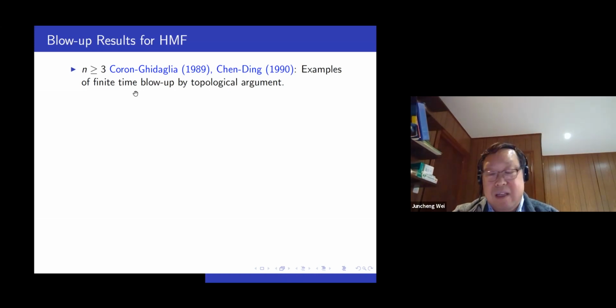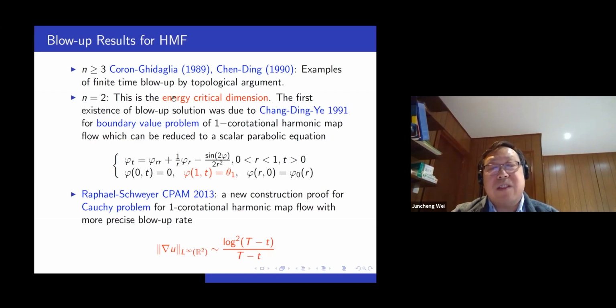But n equals 2 is the energy critical dimension, and the first existence of a blow-up solution was due to Chang, Ding and Ye in 1991 for a boundary value problem. They reduce the Harmonic Map flow to a scalar parabolic equation, and they studied the boundary value problem, and they used sub- and super-solutions to show that the solution must blow up.